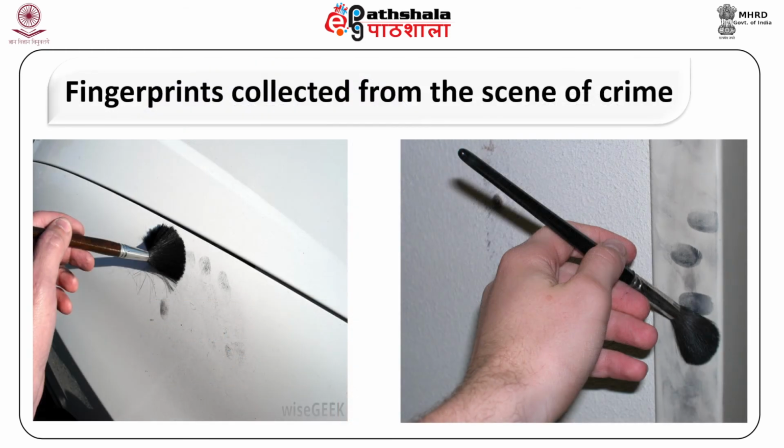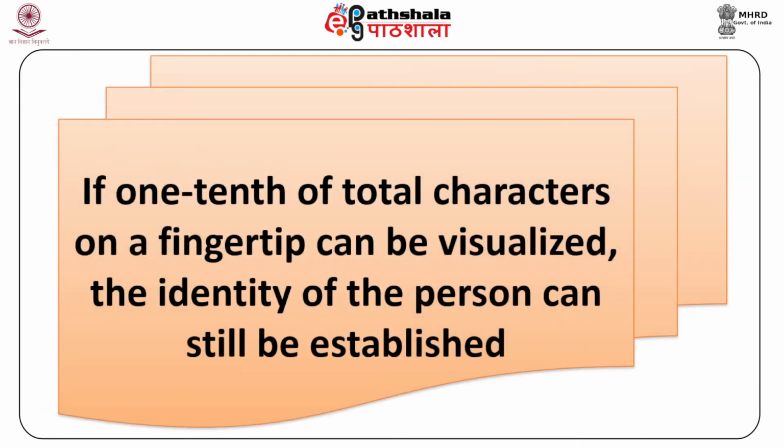This means that if the placement of 8 characteristics in a fingerprint lifted from a crime scene matches with the inked fingerprint of a person, then the latter is the accused. Thus, even if only 1/10 of the total characters on a fingertip can be visualized, the identity of the person can still be established.